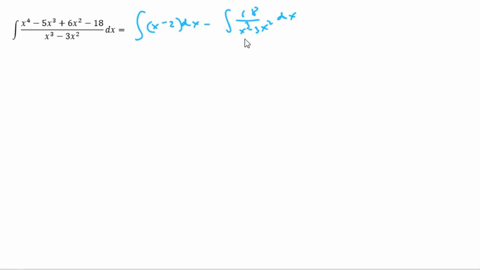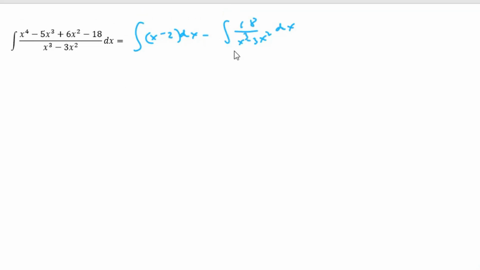We solved earlier the equivalent partial fractions of our second term. From the second term, we have the negative of the integral of 18 over x cubed minus 3x squared. So let us solve that one first. I will write here on the left side the integral of 18 over x cubed minus 3x squared dx. We solved earlier the equivalent partial fraction of that.